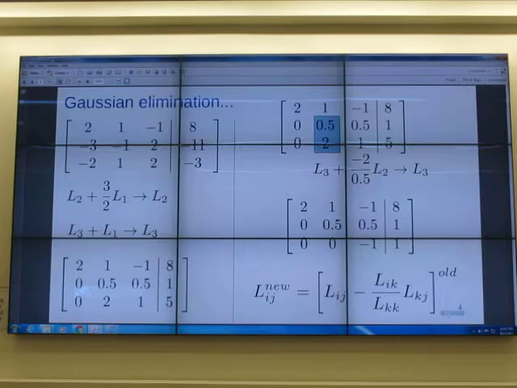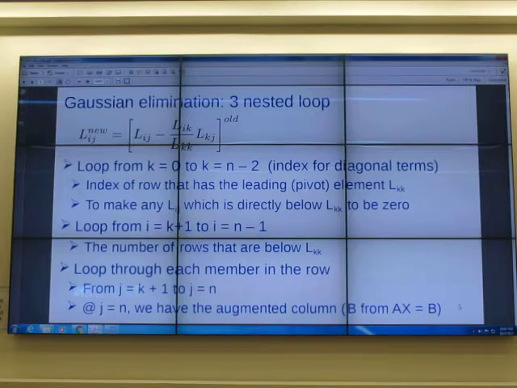Then you get this equation and we multiply by the pivoting equation and do it for every column, or every j, okay? So at the end we get this part, everything has to be the old one, not the new one. After we finish it, we get 0 below it.